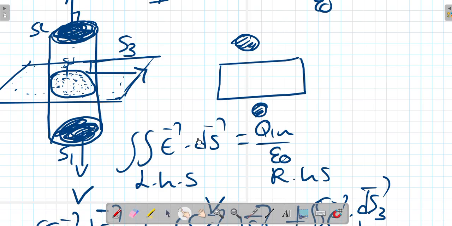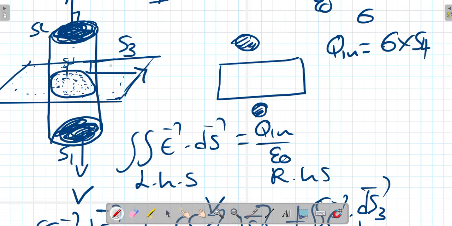For our Q in, it's on this surface, and they'll give you the surface density, which is given by sigma. For you to know the amount of charge on this surface, Q in will be equal to sigma multiplied by the surface, as simple as that.